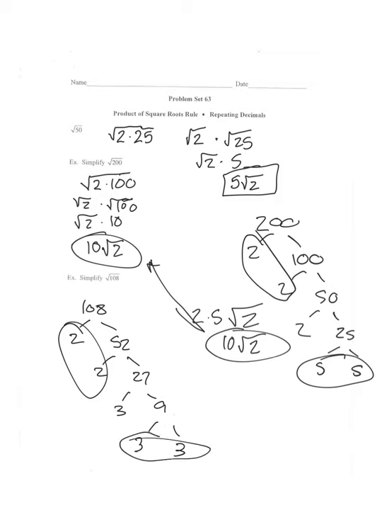So the square root of 2 times 2 would be 2, and the square root of 3 times 3 would be 3, and we can't do anything with that other 3, but we can leave it in the root sign. And if we just do 2 times 3, that gets us 6 root 3. So there you go. The product of square roots rule is essentially recognizing that we can simplify square roots that are not perfect squares.